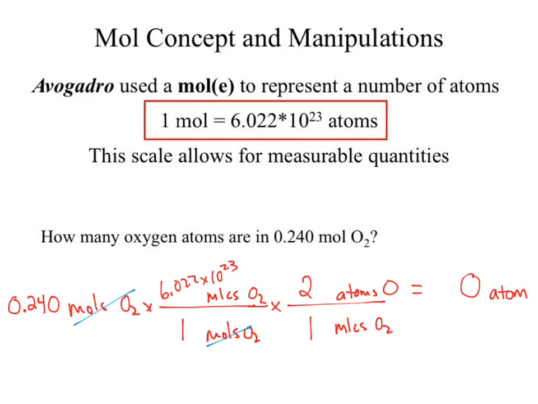Yeah, I wouldn't quite accept memorized, but now we can punch it into the calculator and we get our answer. So being very specific with the units that you're using will solve the question. What if I'd asked for how many oxygen molecules are in 0.240 moles of oxygen?